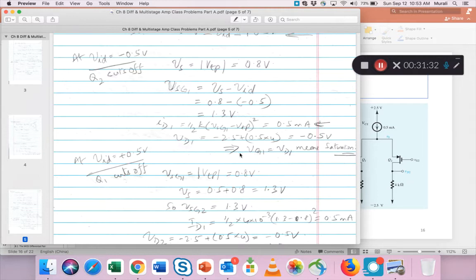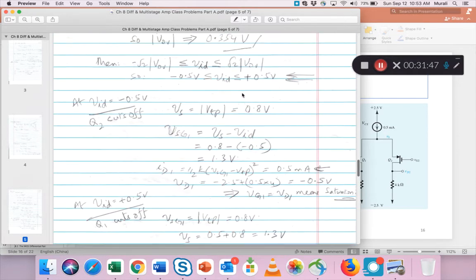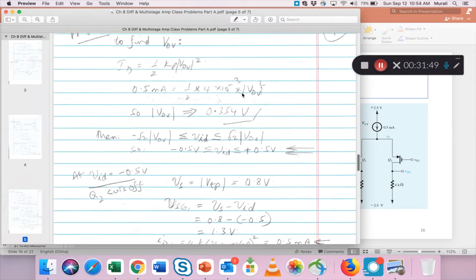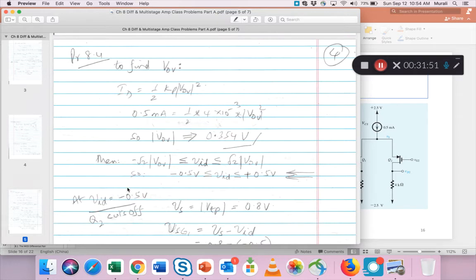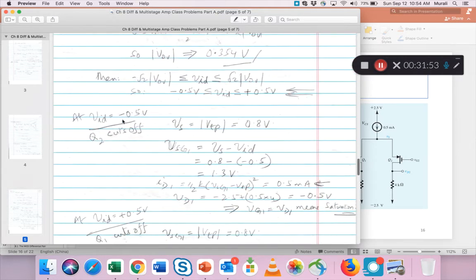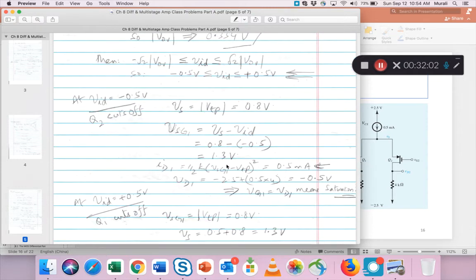Now, VG1 equals VD1, right? Because we just found VD1 and VG1 is given as VID, the gate voltage, which is nothing but VID of minus 5.